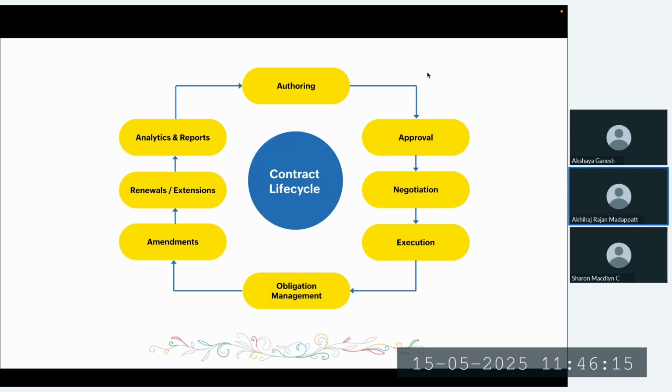Once the contract is signed, then the obligations within the contract need to be managed, and the contract itself might be subjected to amendments, renewals, extensions, or terminations. And then the contract manager would need to glean strategic insights from contract data so as to run the process smoothly. In this webinar, we will see how Zoho Contracts streamlines this entire process.